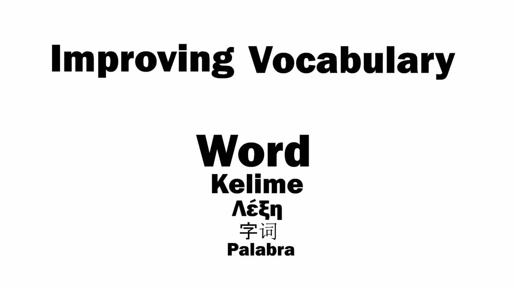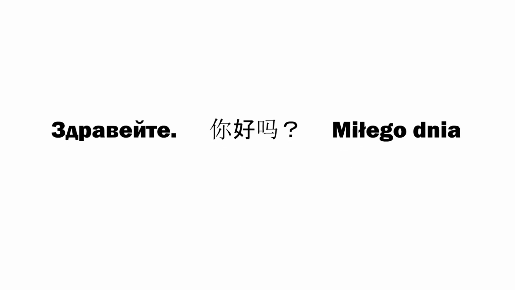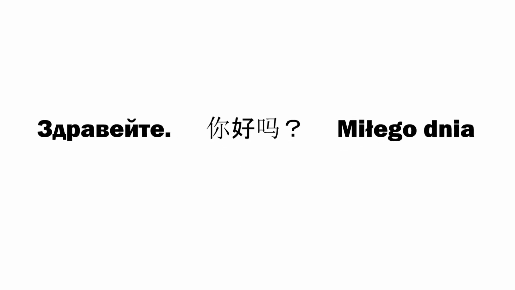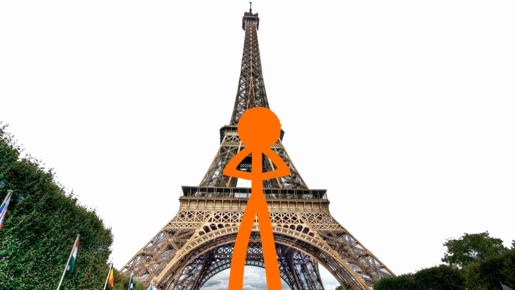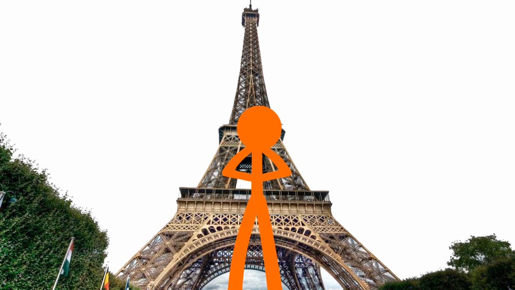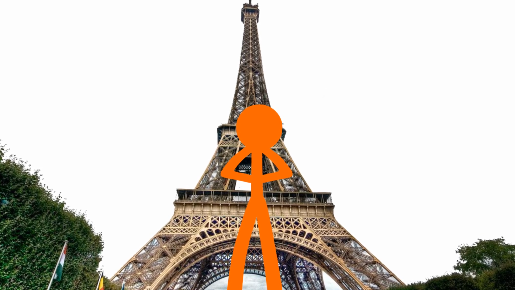The second step is vocabulary development. First of all, you need to learn the daily words of the foreign language, because when you travel to the country that speaks that language, those words will be useful for you to express yourself in that country.